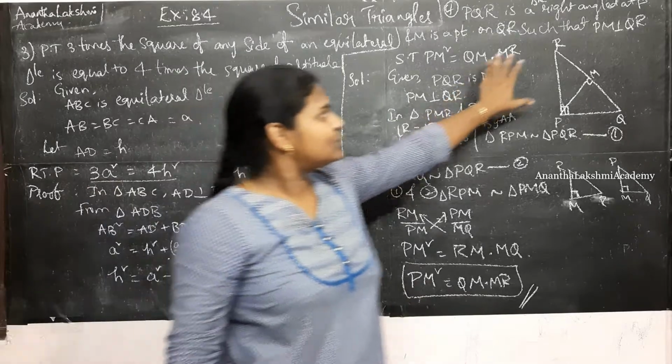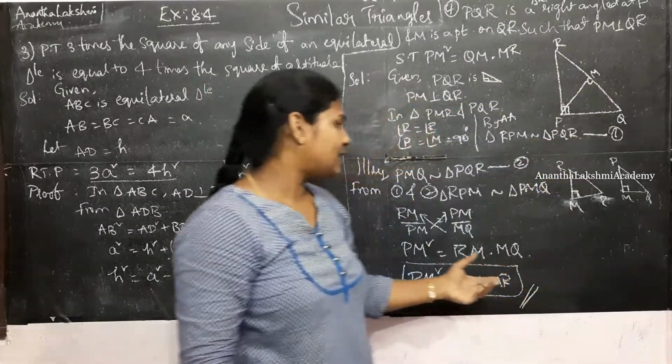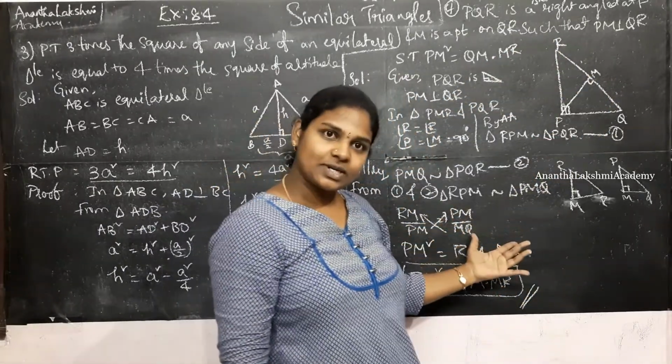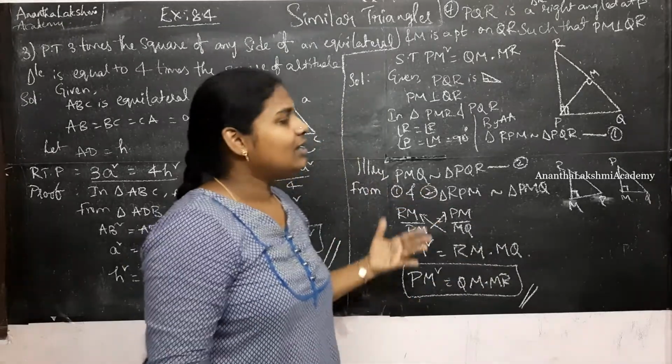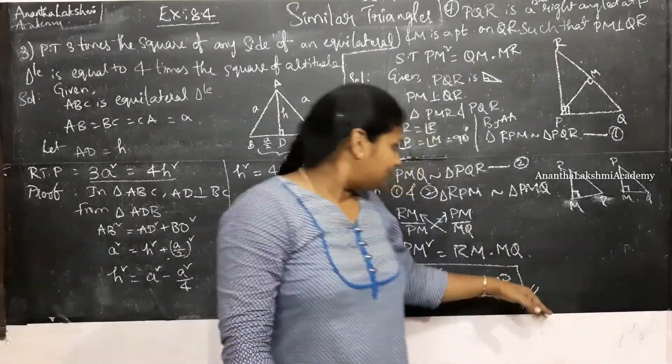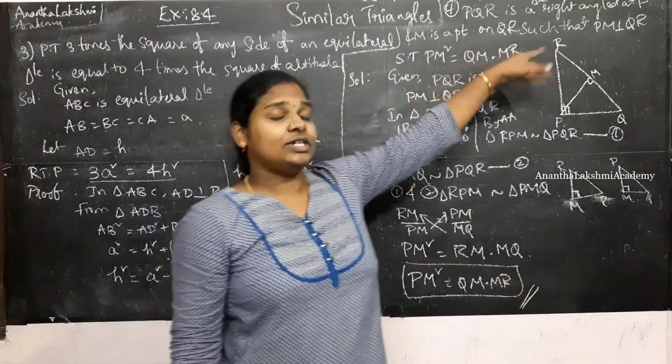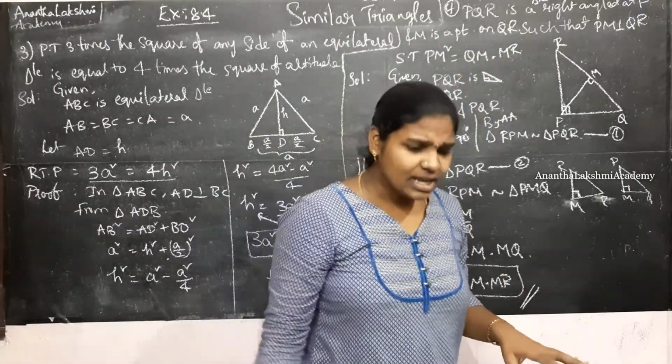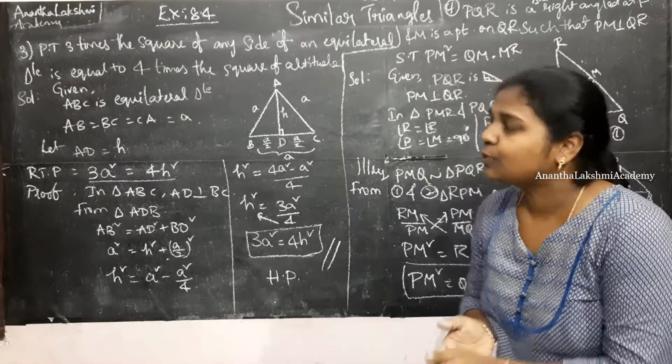So we proved that the smaller triangles are similar to the bigger triangle, and eventually those two smaller triangles are similar, and from there, by considering the sides ratio, we proved PM square is equal to QM into MR.